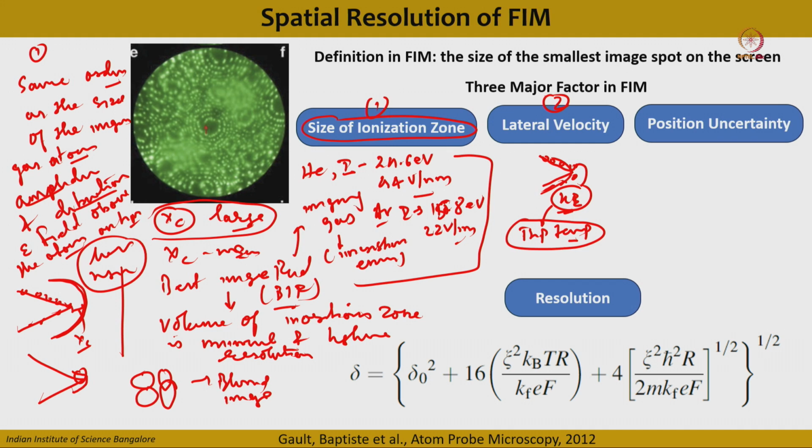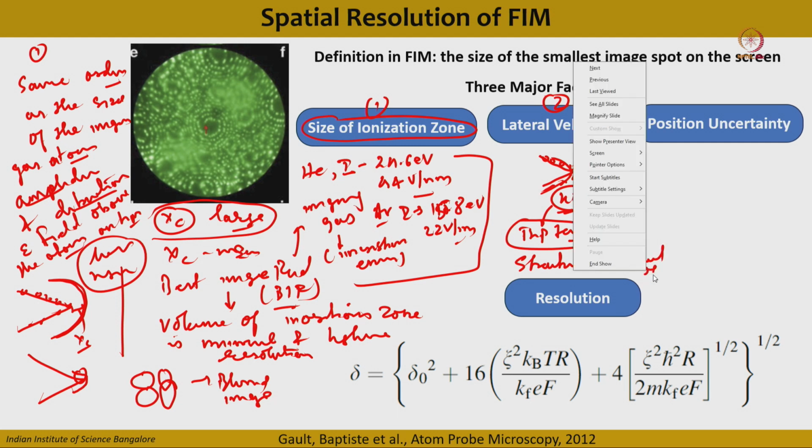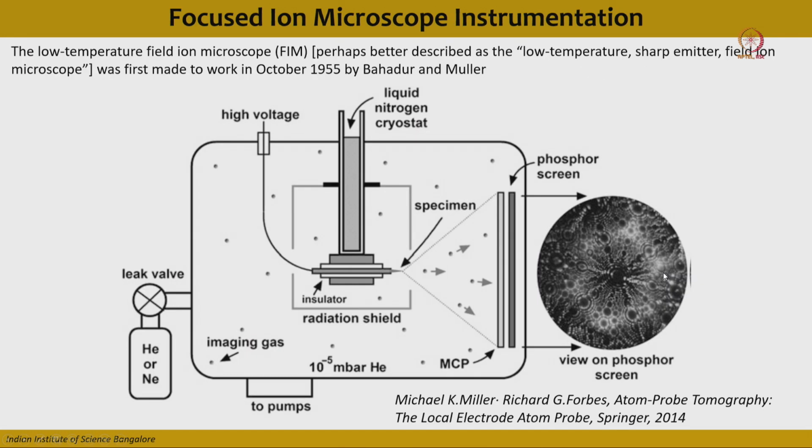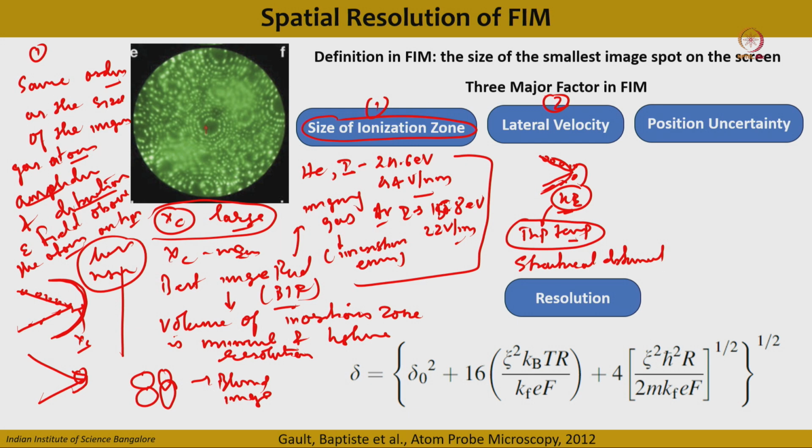Hence, if the ions generated above a single atom have a statistical distribution of initial velocity in the lateral or tangential direction, then they will not follow the same trajectory. There will be a disturbance when it strikes the phosphor screen.